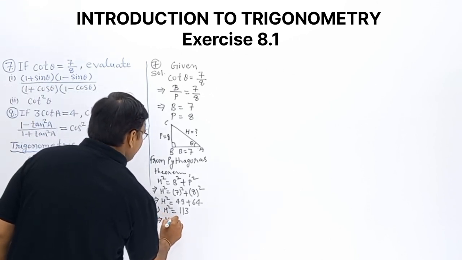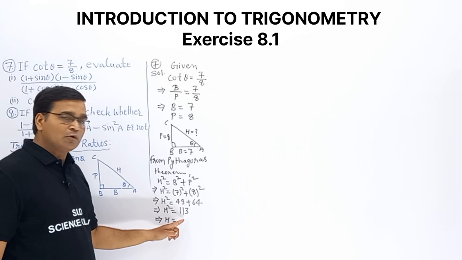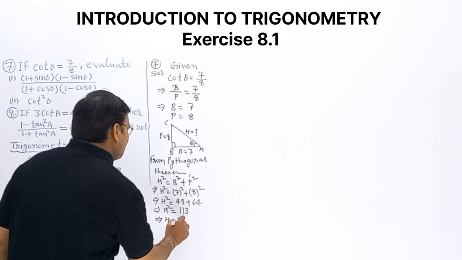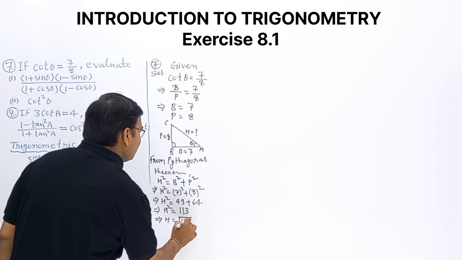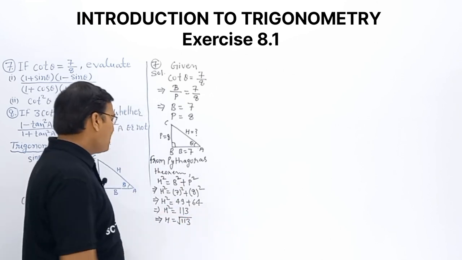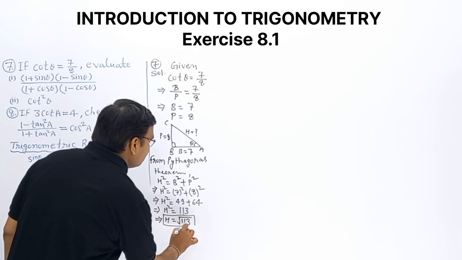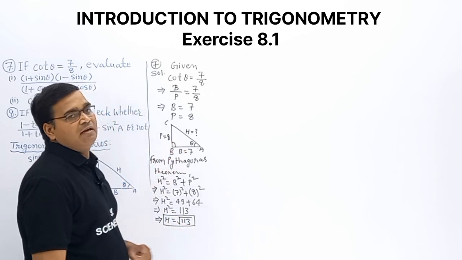So h will be plus or minus the square root of this, but since it is a length, we consider the positive value. The hypotenuse is square root of 113. So in this way we obtained the remaining side of the right triangle.